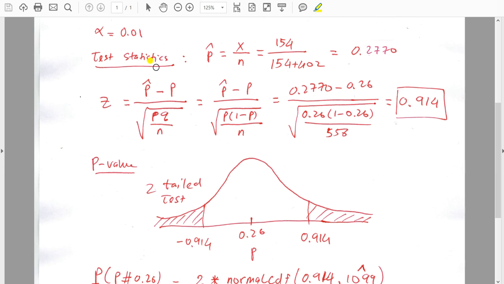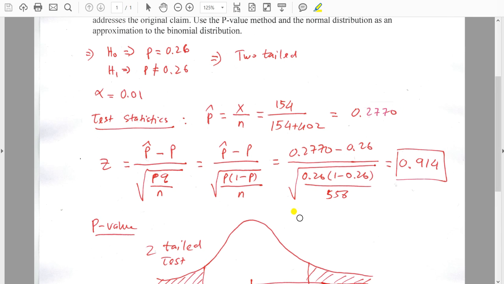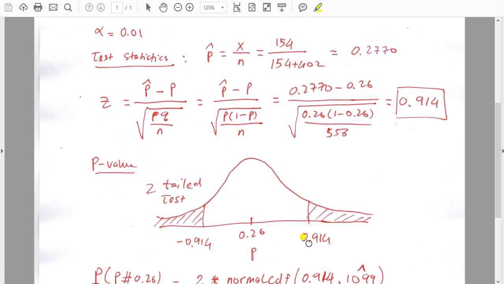My test statistic is 0.914, and because I have two tails, I have one for the positive and the other one is negative. So we are looking for the area under the curve from the two sides, from the positive number all the way to the right, and also the negative number all the way to the left, because this is the two-tailed test.